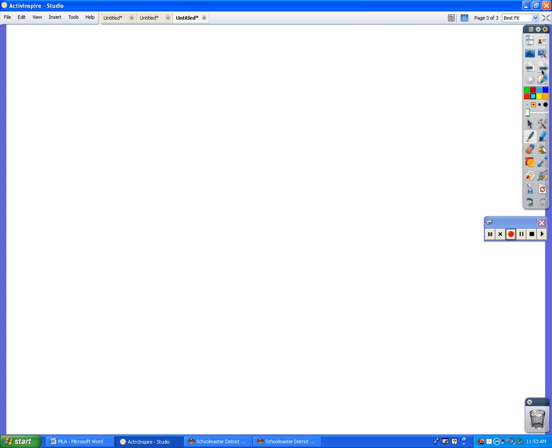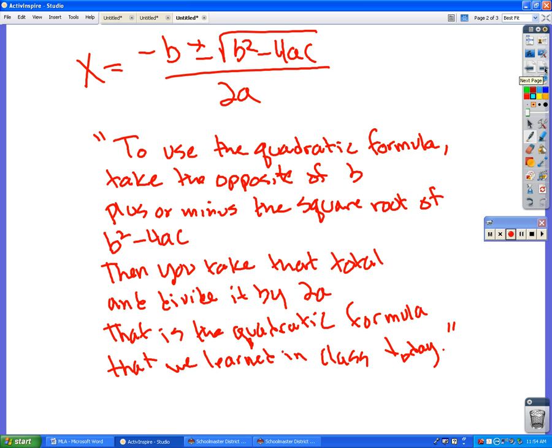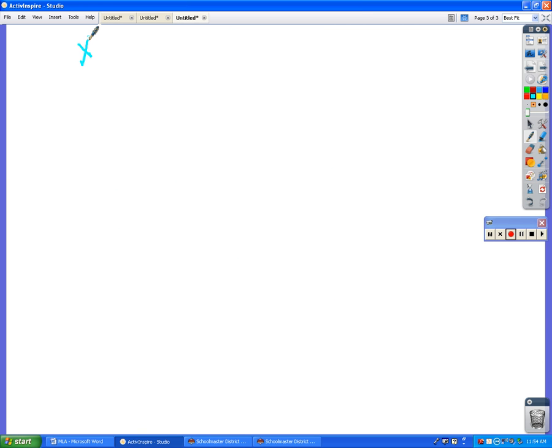All right, so let's go back to the problem that we had at the start here, and let's solve this using the quadratic formula. So x squared plus 3x minus 5 equals 0. The first thing that you need to understand is, just like the other ones that we did, in order for this to work, you have to get everything over to the left-hand side set equal to 0.